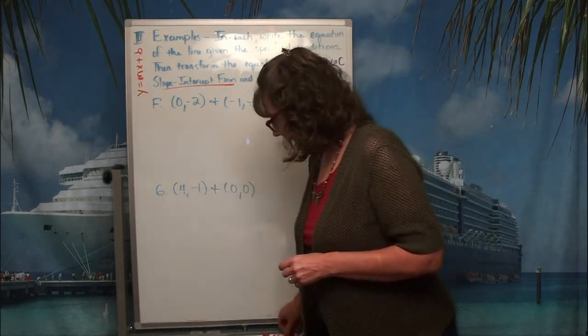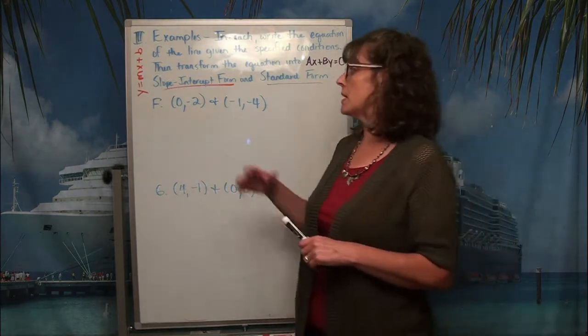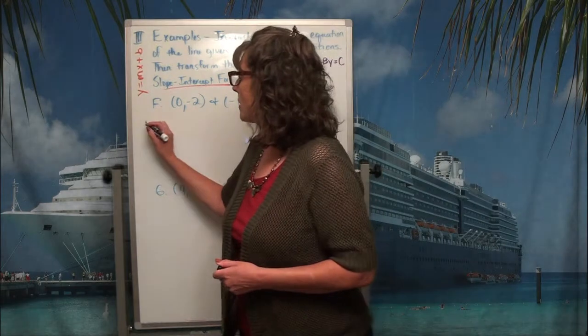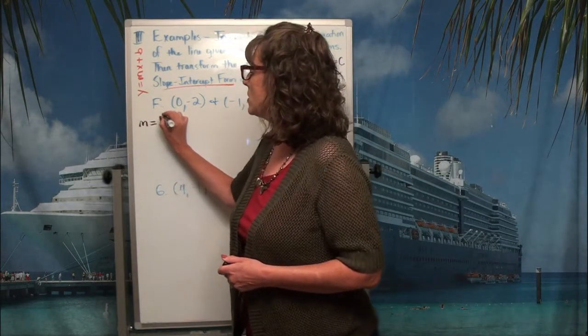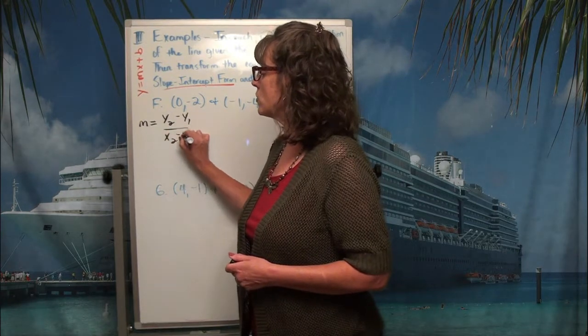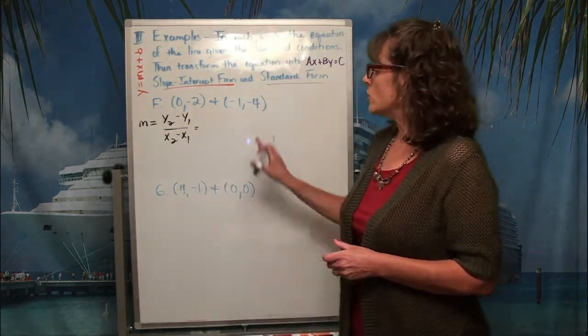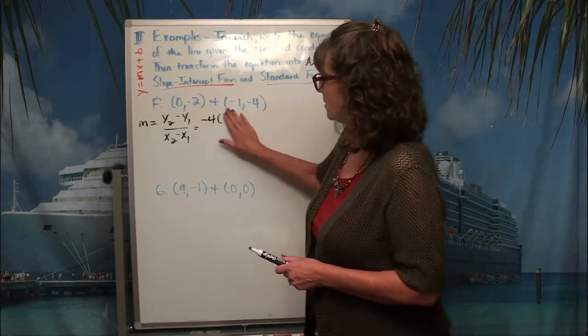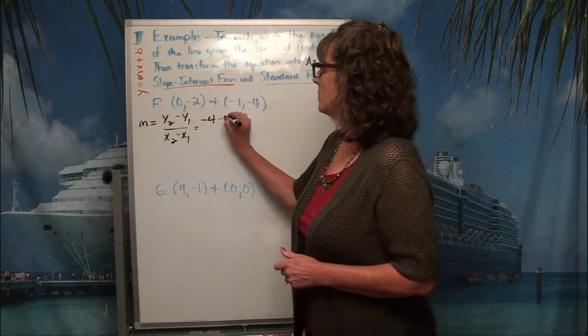So once again, I know I need to get that slope because I've got slope intercept, I've got point slope, I got to get slope. So I'm going to subtract my y's on the numerator, x's on the denominator, and remember it doesn't matter the order you subtract the y's, just make sure you go in the same order for those x's. So I'm going to do a negative 4 minus a negative 2. Whoops, what am I doing? I don't know what happened there.